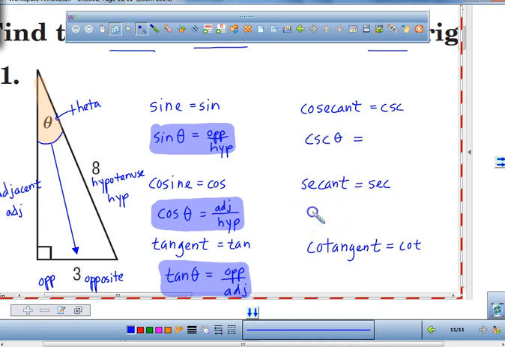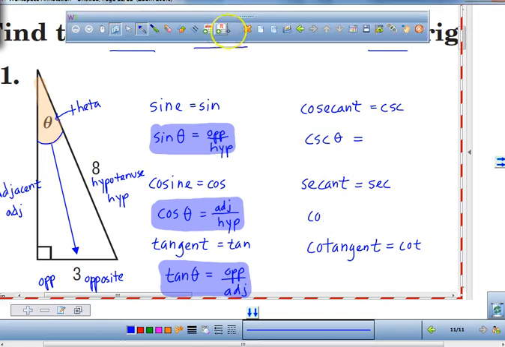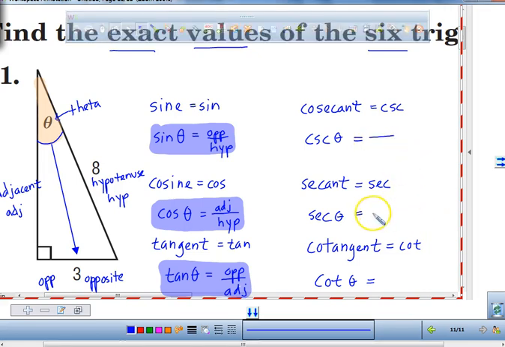Cosecant of theta, the cosine of theta, not cosine, secant, and the cotangent. These are always just going to be the inverses or the reciprocals of the ones right next to each other. So the cosecant is the inverse of sine. So, this cosecant right here is simply the flip, or the inverse, of sine.